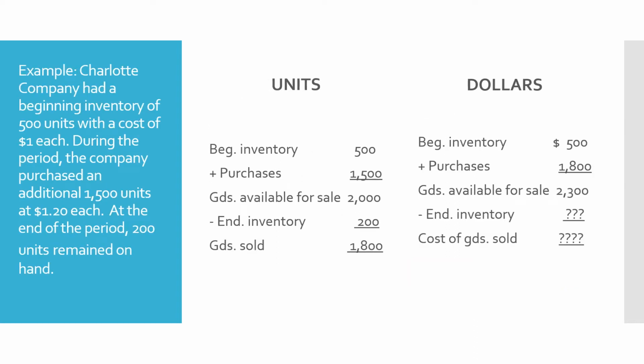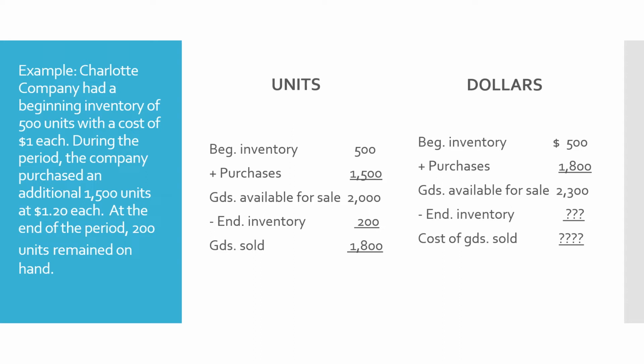So if we take that information and rearrange it, we can look specifically at the units first and then the dollars. The unit information we have is that there were 500 units in beginning inventory. We purchased an additional 1,500 so that we have goods available for sale of 2,000 units. We do a physical count.